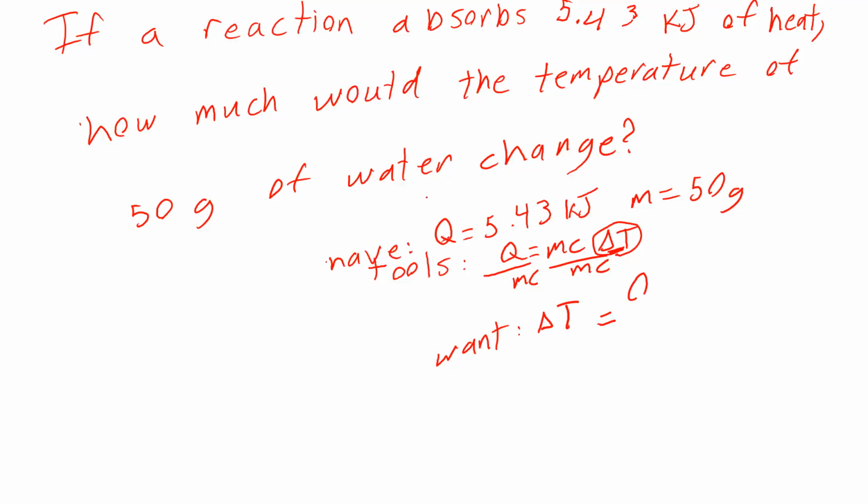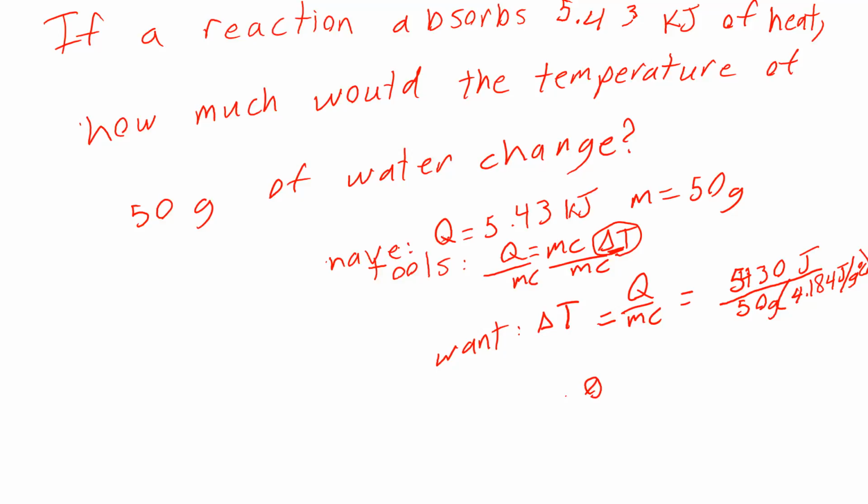So delta T is equal to Q divided by M times C. Now we'll put this into joules. To go from kilojoules to joules you multiply by 1,000, so this is 5,430 joules, divided by 50 grams times 4.184 joules per gram degrees Celsius.